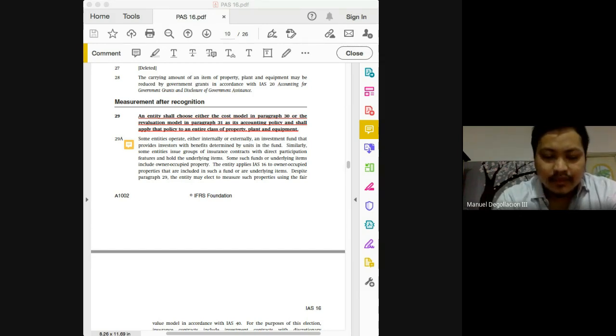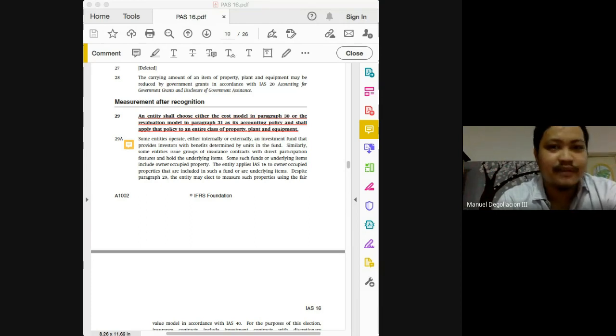And as I have mentioned in the other discussion, if you are only capable of remembering one thing, class, out of PAS 16, let it be the measurement rules. The measurement rules for PPE, for property, plant, and equipment.